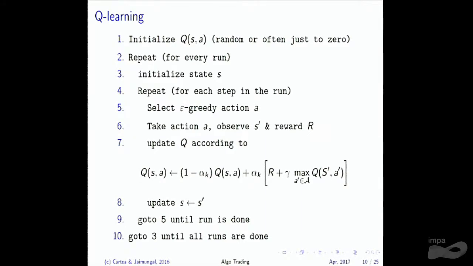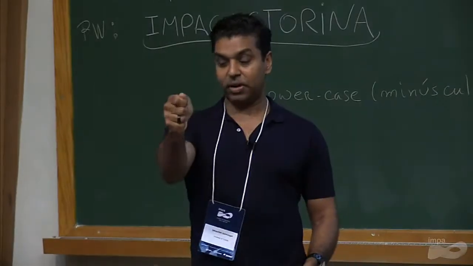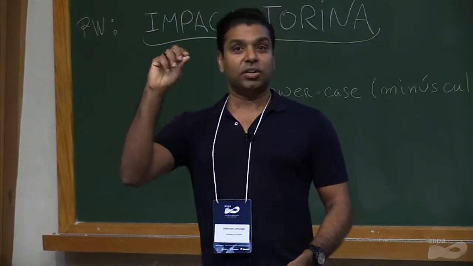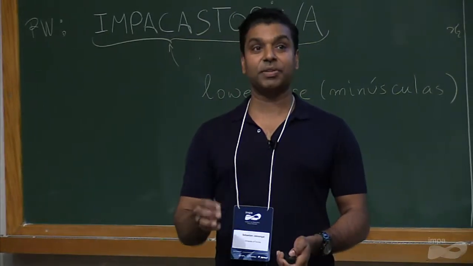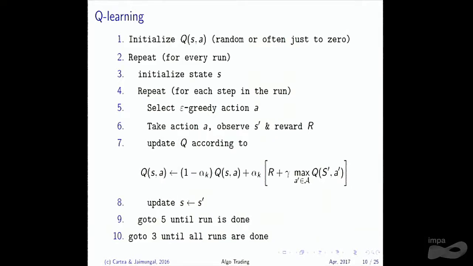You initialize that Q function to something random, or often actually just all zeros. You go to some point in state space, in your real-world system. You take what's called an epsilon greedy action. Now, what is an epsilon greedy action? It's simply this idea of exploring versus exploiting. You take a coin and flip it. If it comes up heads, you take a random action.